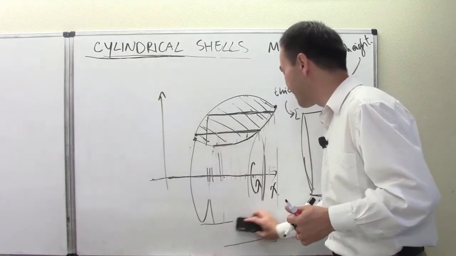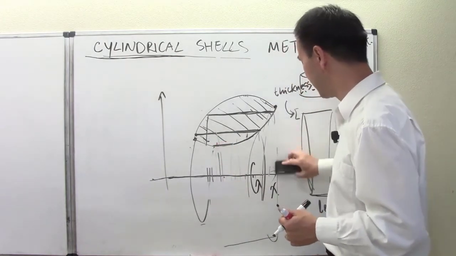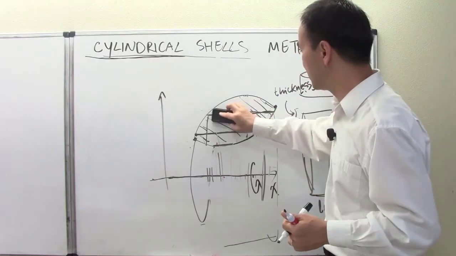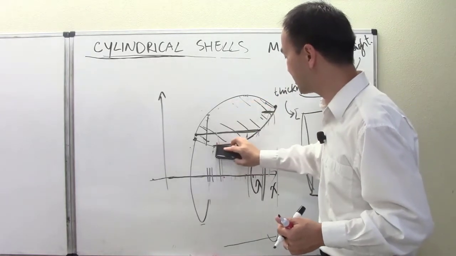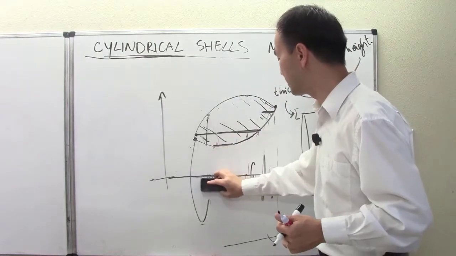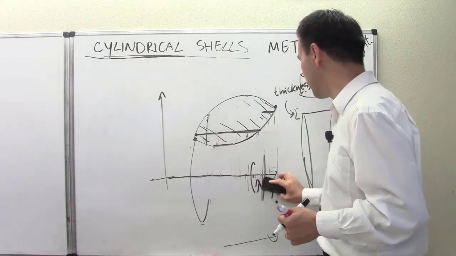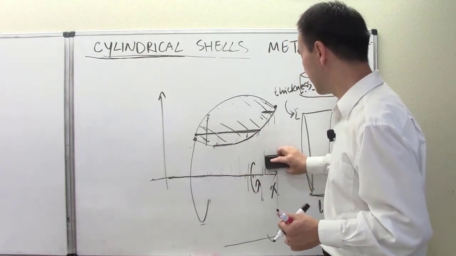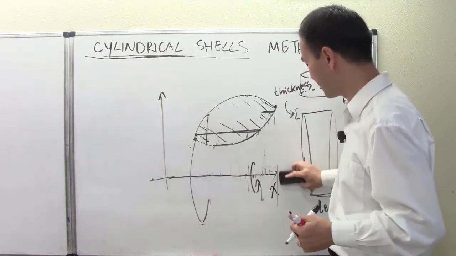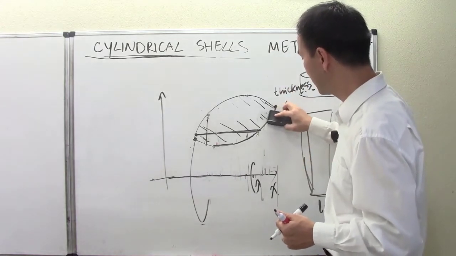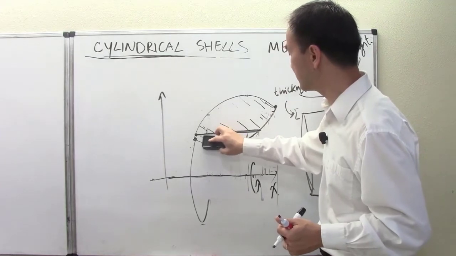Our x-axis is here, where the rotation takes place around. I'm going to erase the big shell and all of the little shells. I'm only going to need that mid-size shell.